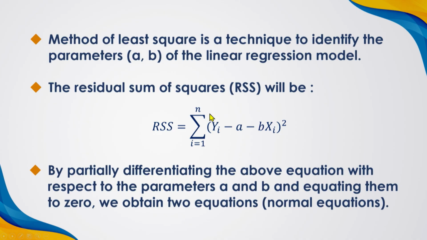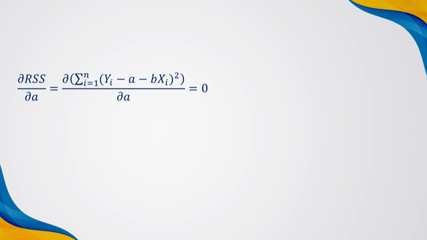By partially differentiating the above equation with respect to the parameters a and b and equating them to 0, we can obtain two different equations, which you can call normal equations. Now here you can see the first partial differential equation. As you know, the partial differentiation can be considered as dou RSS by dou a.